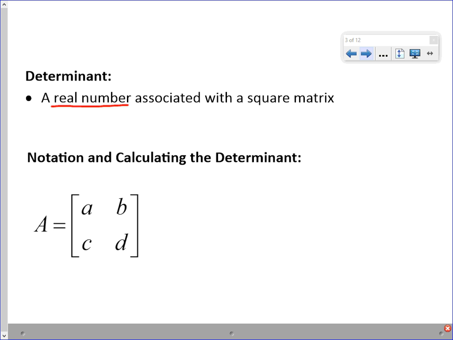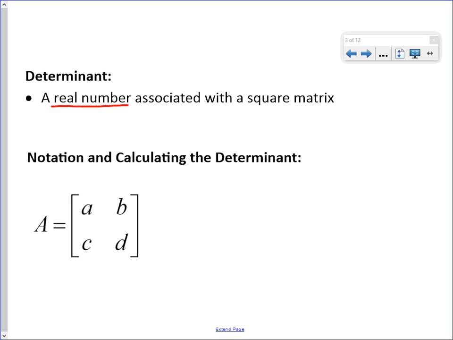Here are some notes we'll take about notation and calculating the determinant. We're going to work with the same matrix that we used for inverses. Matrix A, we're going to let it be first row A, B, second row C, D. There are really two forms of notation that you can use for a determinant.